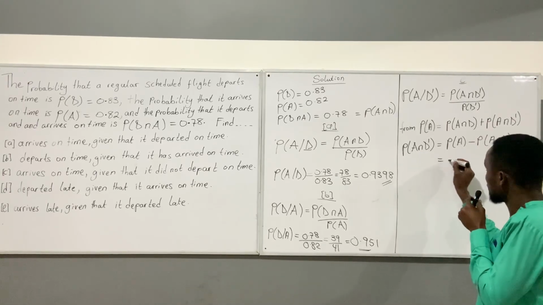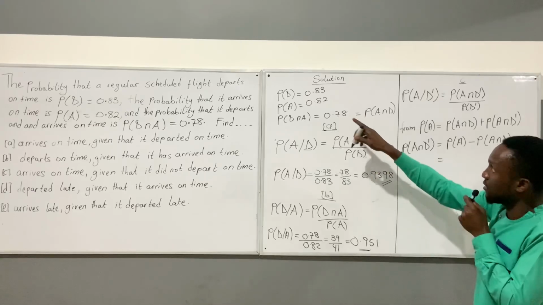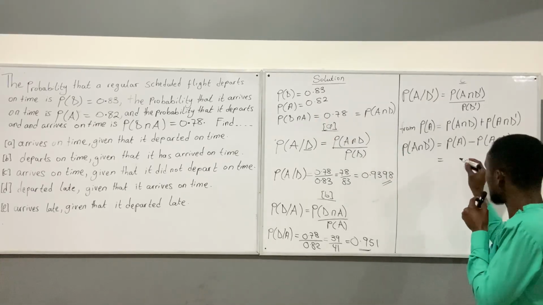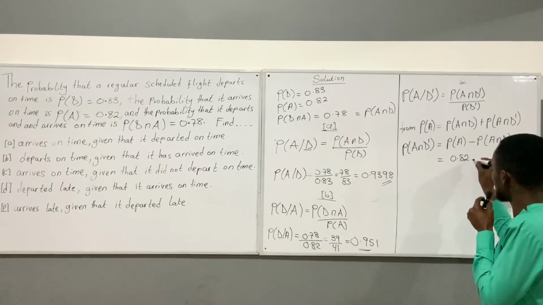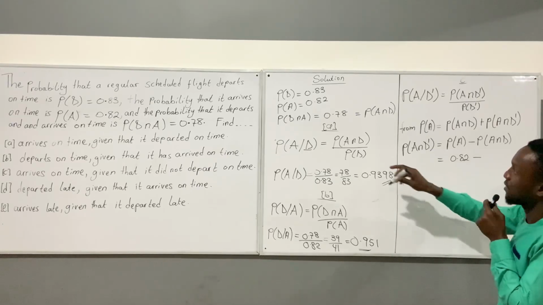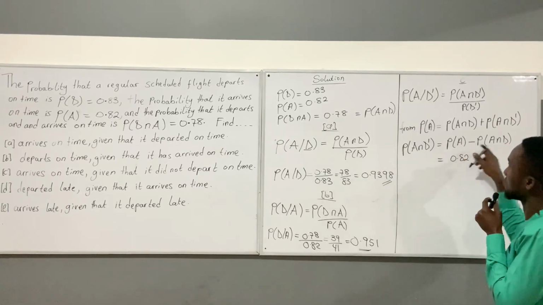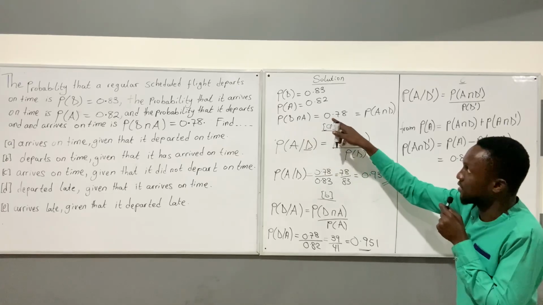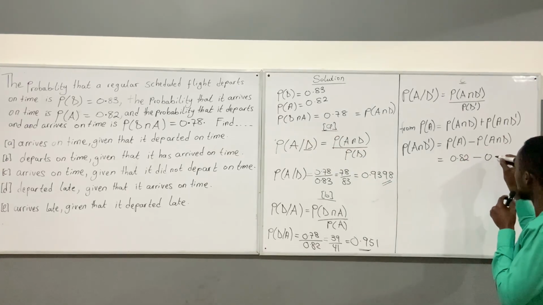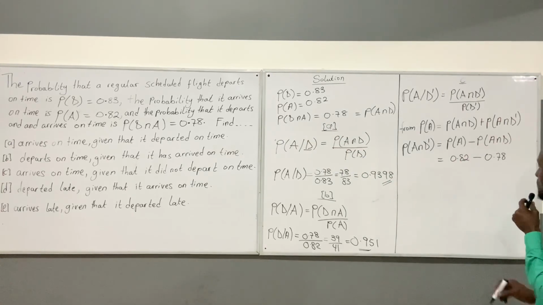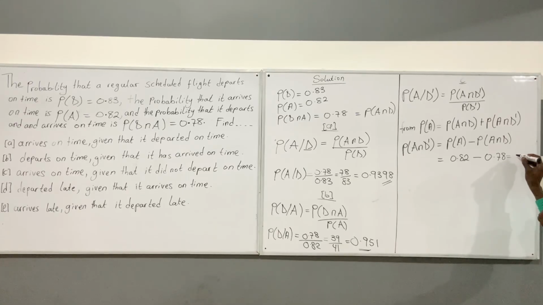So this is giving us, what is the probability of A? We had 0.82. So 0.82 minus the probability of A intersection D, which is the same as D intersection A, which is 0.78. So now when you subtract this, you are getting 0.04.